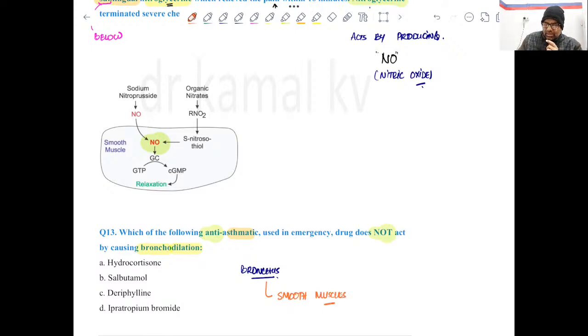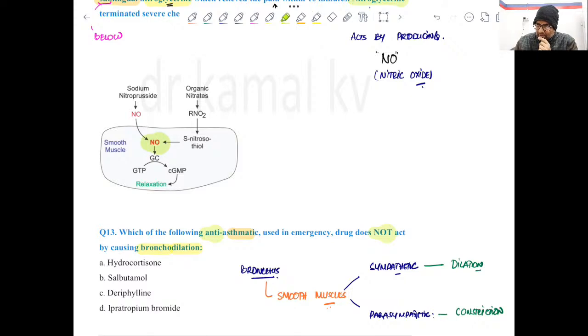And these smooth muscles are acted upon by the sympathetic system and the parasympathetic. Now the parasympathetic causes bronchoconstriction, and the sympathetic causes bronchodilation. So if we want bronchodilation, we will give a drug which acts in line with the sympathetic system.